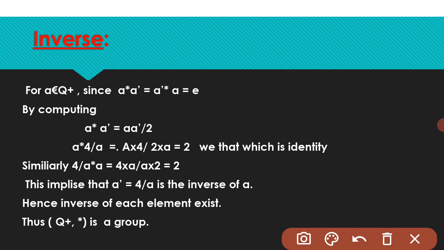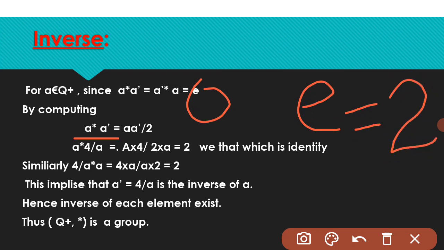So here we think again: A will operate with the inverse of A. What would be the inverse of A, so that when we operate A star A inverse, that gives us the identity? And we know that we proved that the identity E is equal to 2.